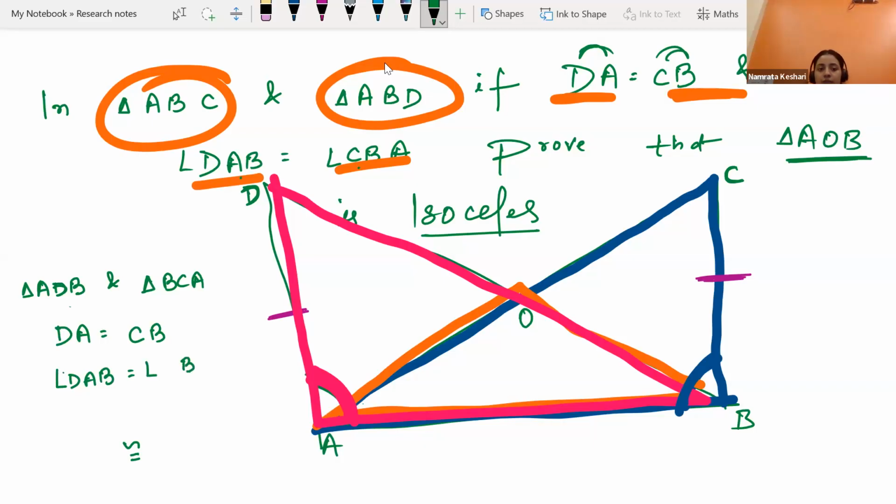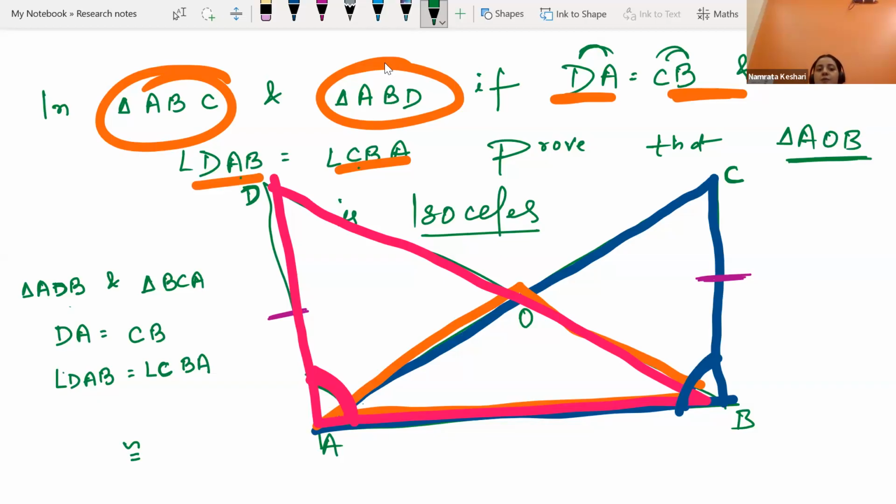So DAB and CBA. What else is the same between the pink color triangle and the blue color triangle? Please tell me.